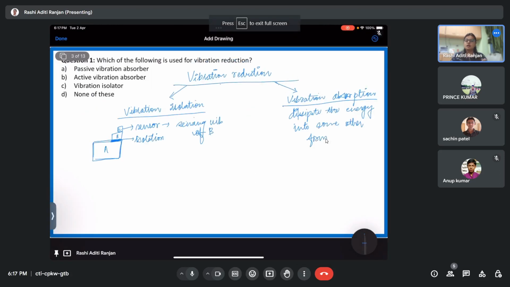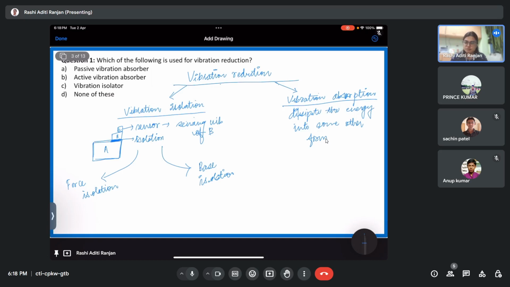Now, vibration isolation can be further divided into two categories: one is force isolation and the other one is base isolation. If I talk about force isolation, what does it mean?